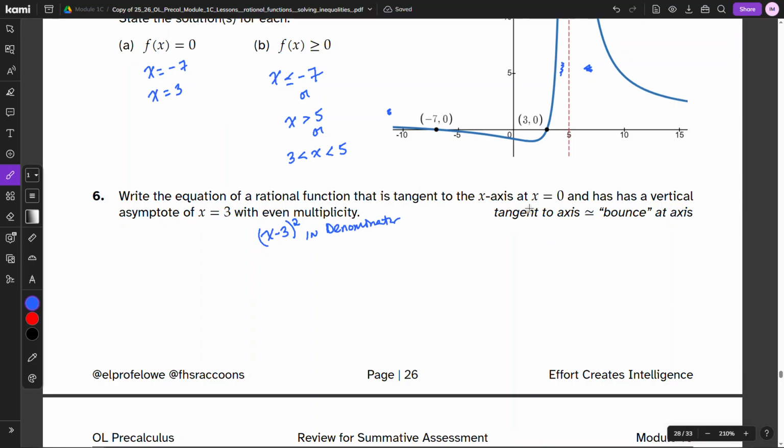And if I'm tangent at x equals 0, that means I have x squared in my numerator. It doesn't give me anything else, so I could simply say that my equation is going to be y equals x squared all over x minus 3 quantity squared.